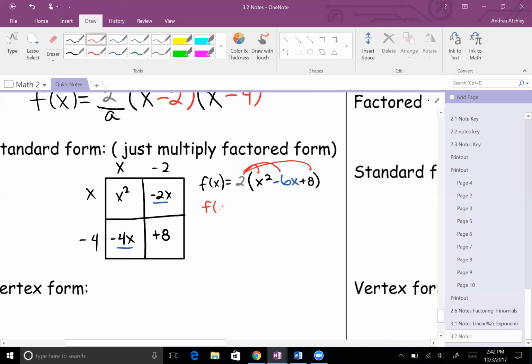So I'm going to get f of x equals 2 times x squared is 2x squared. 2 times negative 6 is negative 12x. And 2 times 8 is 16. Any questions over that? Yes. Why did you say it was negative? Oh, are we good? Yeah. Okay. Any other questions?